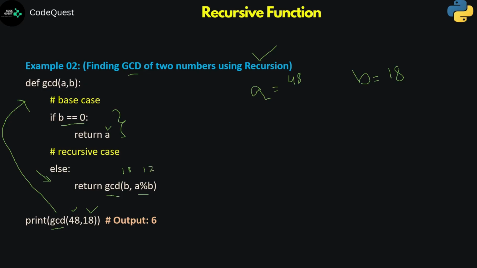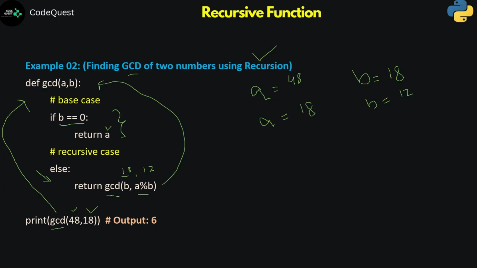So now we are going to call the GCD function, which is a recursive call, by passing two values, that is 18 and 12. So now when the control goes to this beginning once again, the A value has now changed to 18 and the B value has now changed to 12.